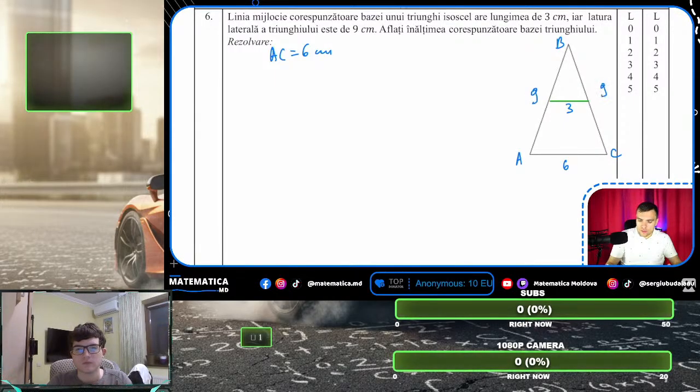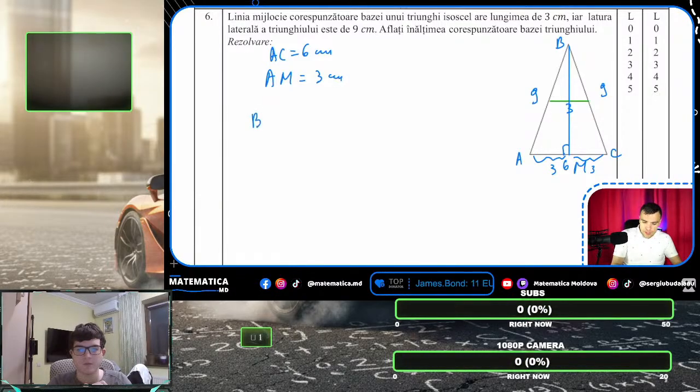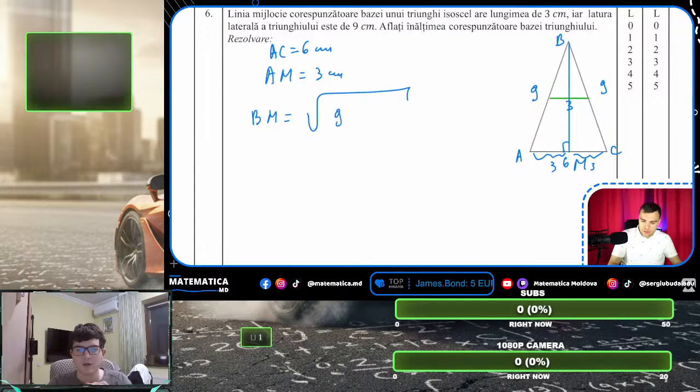Alright, 9 right there, 9 right there, goes like this, amazing, M right there, AM, that's going to be half, it's going to be 3. Now you can just apply Pythagorean and be done with it. So it's going to be 81 minus 9, because 9 to the second power minus 3 to the second power.